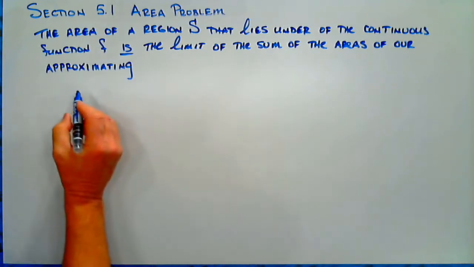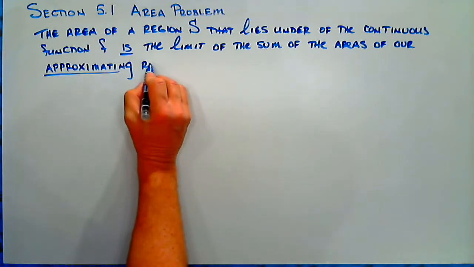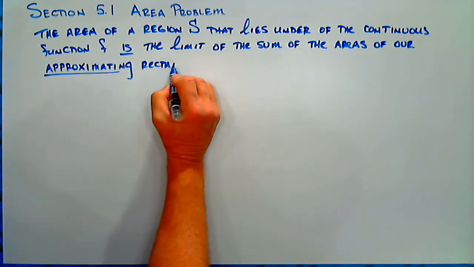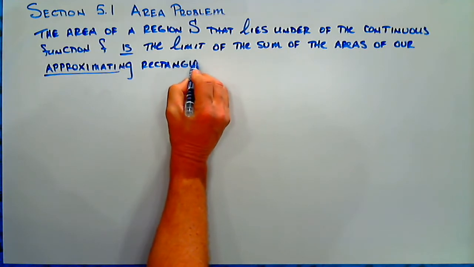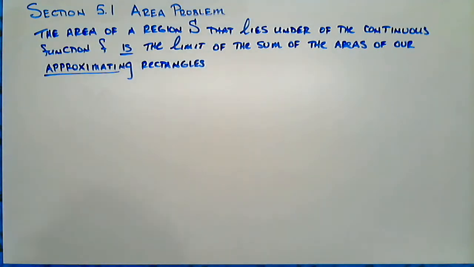Now, it doesn't matter whether we use right-hand endpoints or left-hand endpoints here. I did the example with right-hand endpoints. It would have worked out to be 1/3 if we used left-hand endpoints.